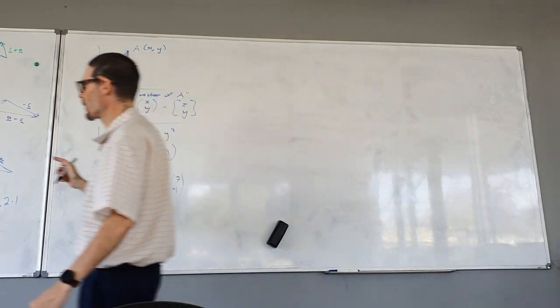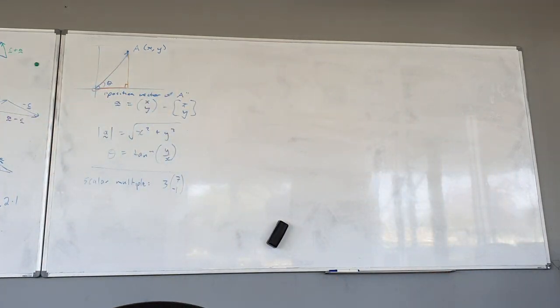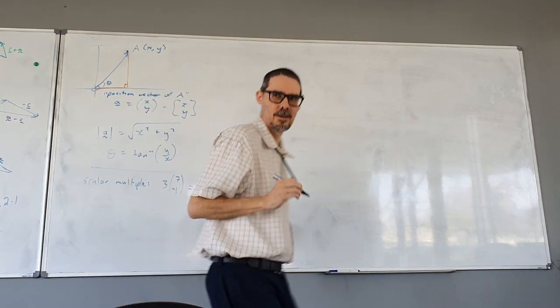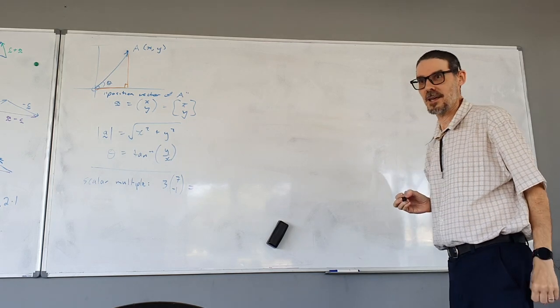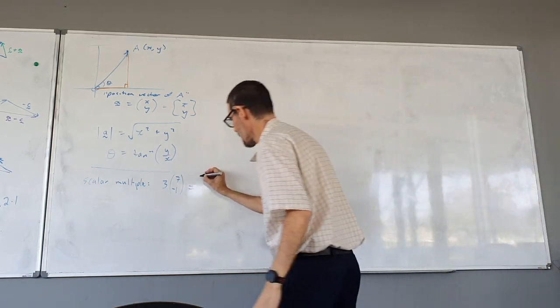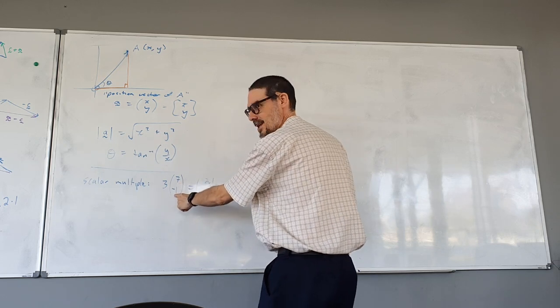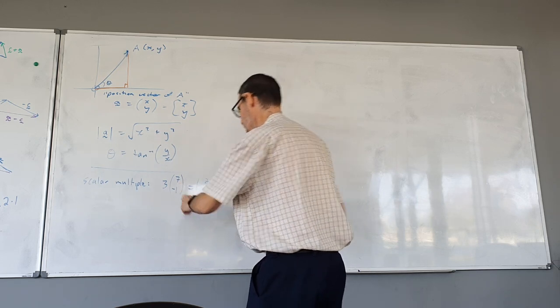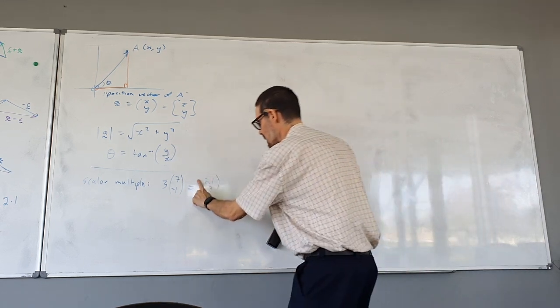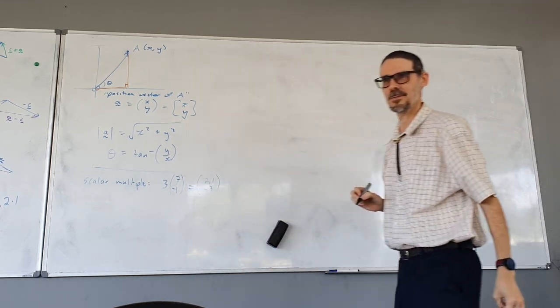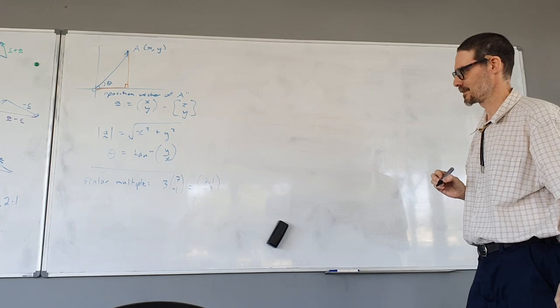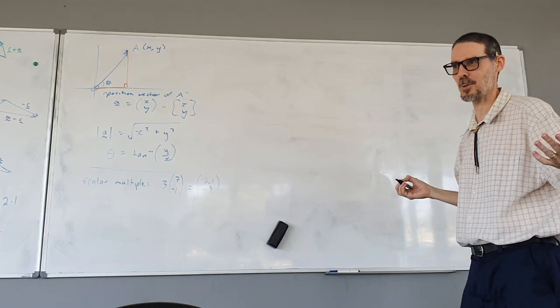So that was what we did before, a scalar multiple of another vector. How do I work that out? 3 times 7, 3 times -1. That's all you have to do, because I'm going 3 times as far across and 3 times as far down. That's all you have to do for a scalar multiple.